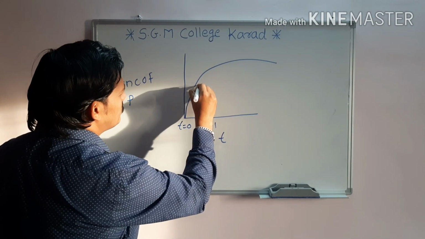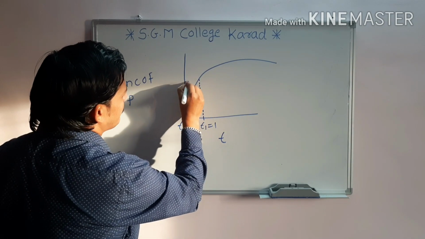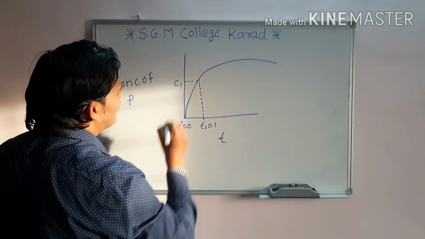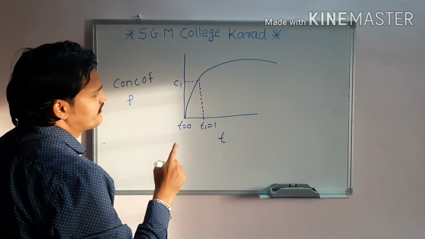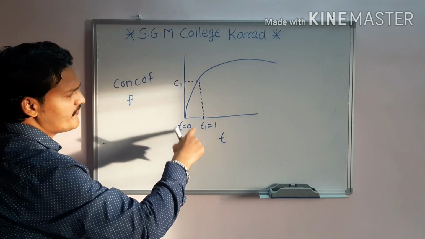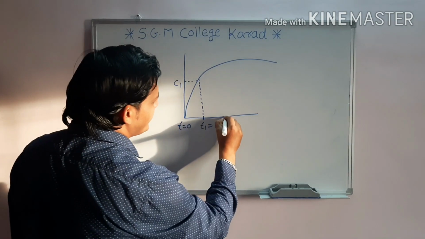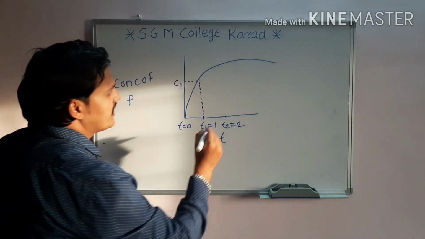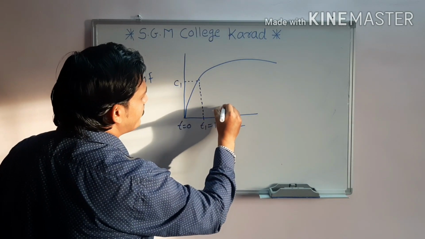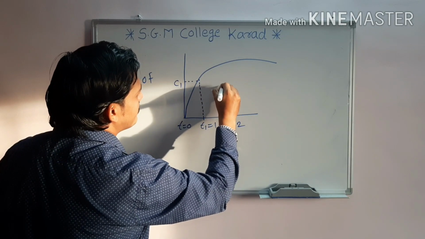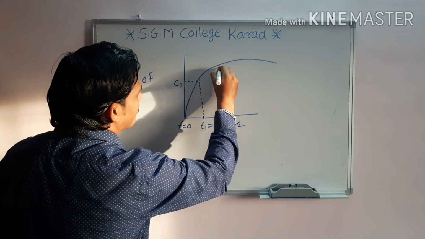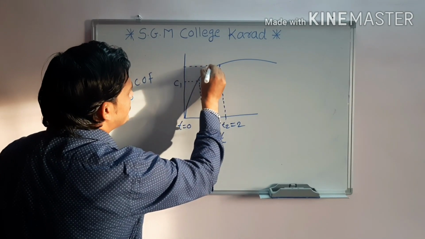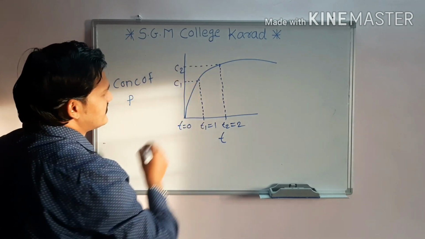The concentration here is C1, let us say. Then as time goes on, T2 is equal to 2 hours. Now let us join the points to the curve. Here these are C2.